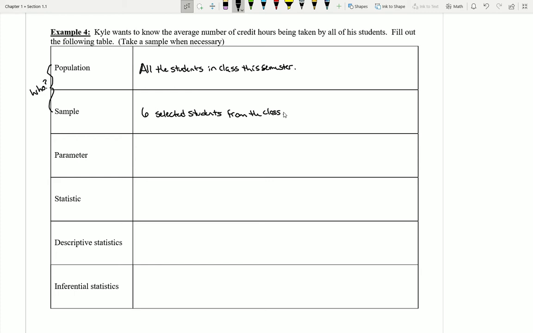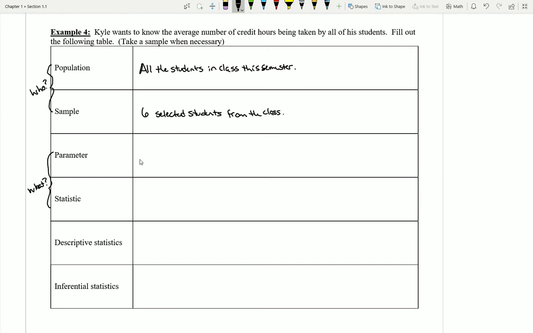Okay. Now, I could then start to ask a question about my parameter and my statistic. Keep in mind, these are more like what questions, as in, what is it that I want to know about all the students in the class or the 6 students from the class? Well, this isn't something you ever have to guess at. The question has to tell you, or this would be an impossible question. So notice that very first sentence tells me that I want to know the average number of credit hours being taken by my students.